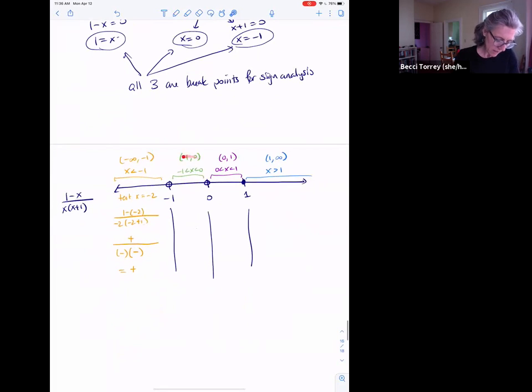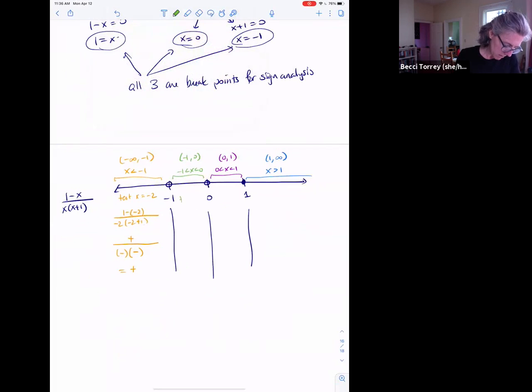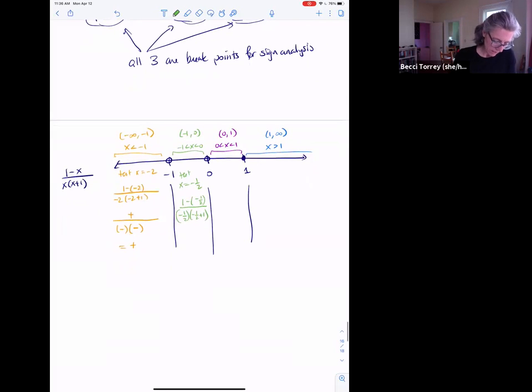So now we're going to plug in a number between -1 and 0. So for this one, we're going to test something in between. Maybe test x equals -1/2. So when I plug this one in, we have 1 minus a -1/2. And then we have -1/2 multiplied by -1/2 plus 1. So with these fractions, you really have to be careful about what's going to be positive or negative, or it's easier to make mistakes. But here we have 1 minus a negative number, so it's 1 plus 1/2.